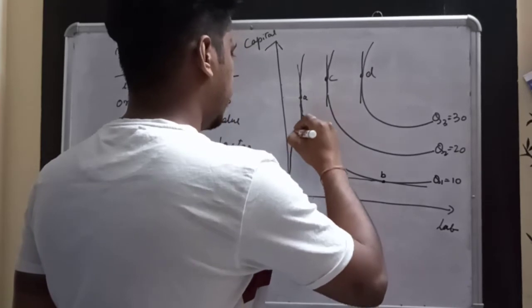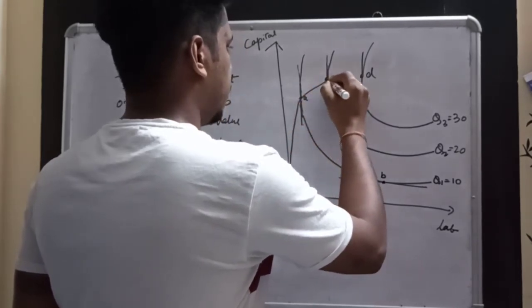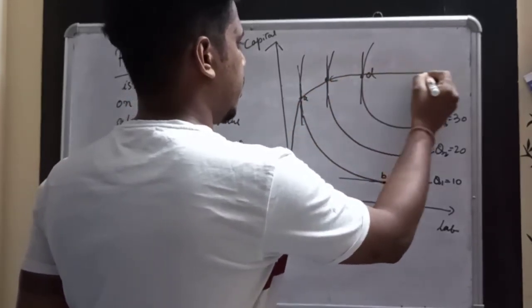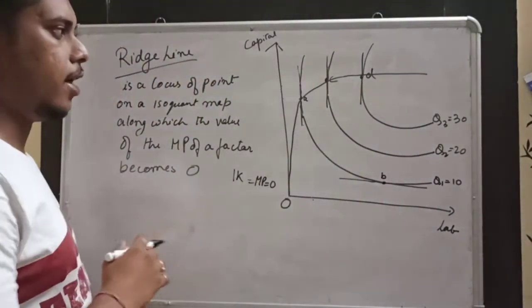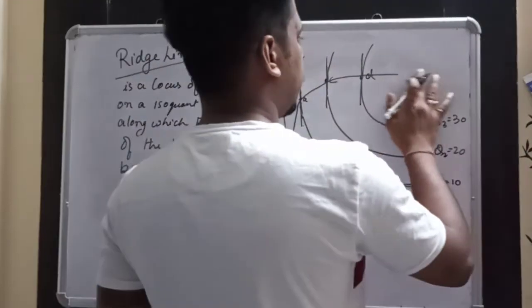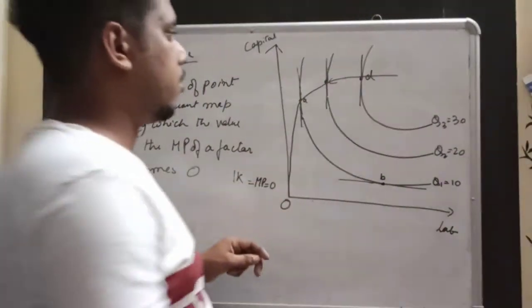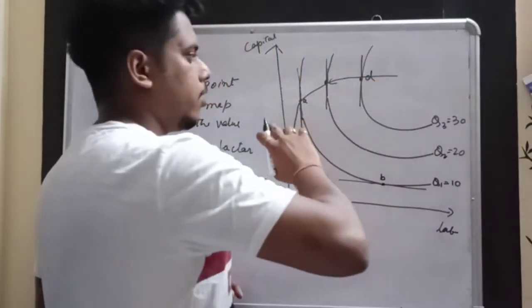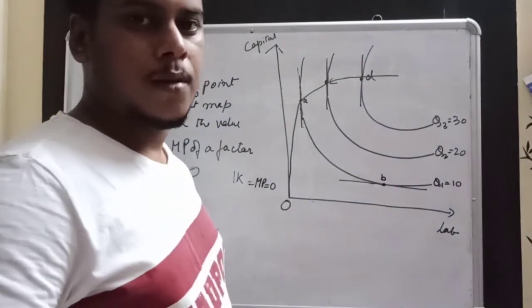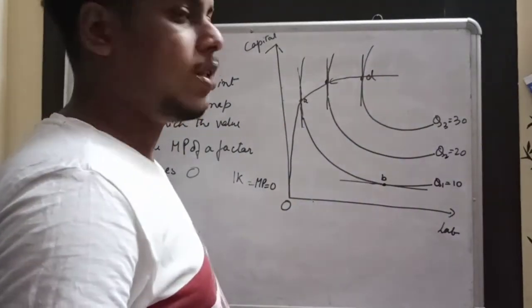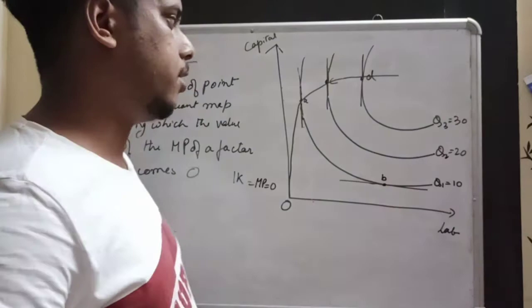So if we join these A, C and D by a freehand line, we will get the upper ridge line. The upper ridge line basically consists of all the points at which the marginal productivity of capital is zero.